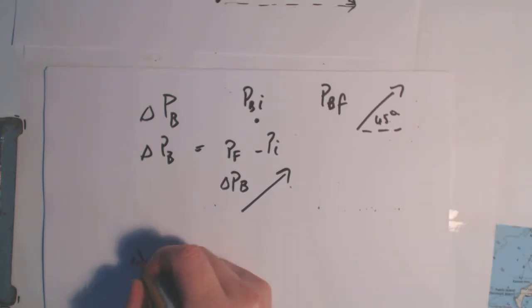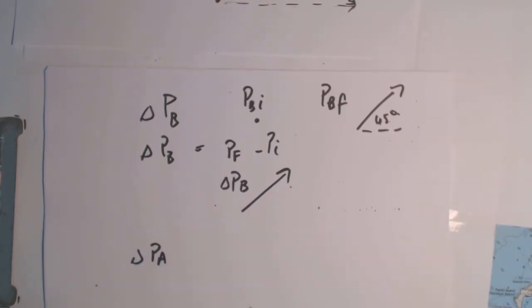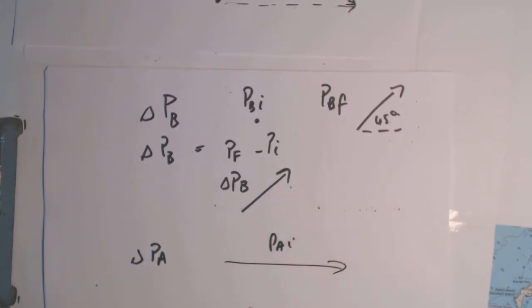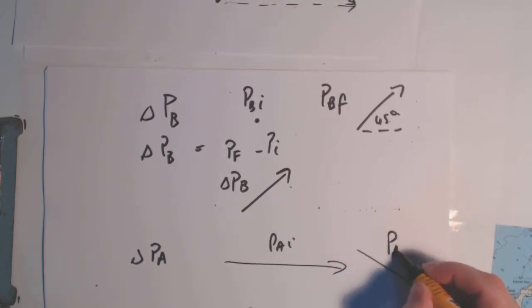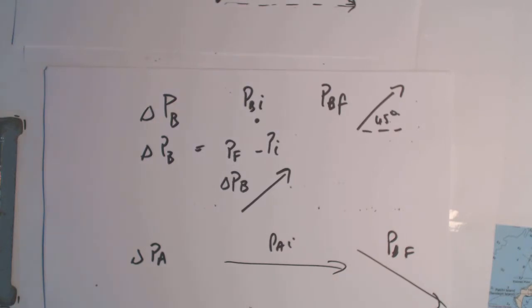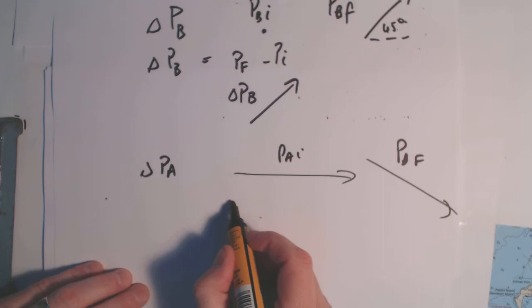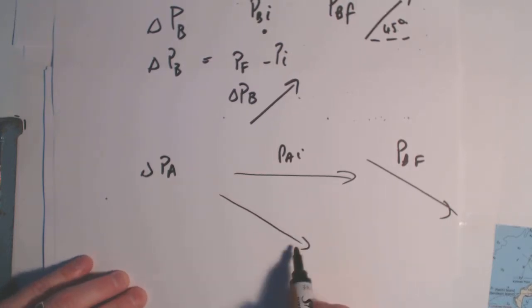But have a look at A, change in momentum for A. We've said that A started with a momentum like this, 8. So that's A's initial momentum. And we said A's final momentum was like that. So if now we do final minus initial, let's just move that up a little bit, then we get the final, and we get the initial.